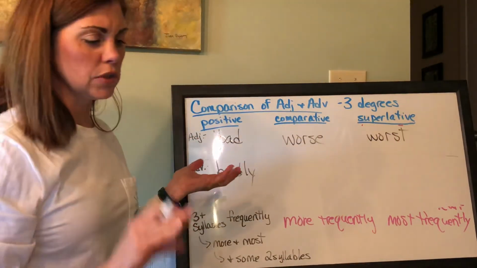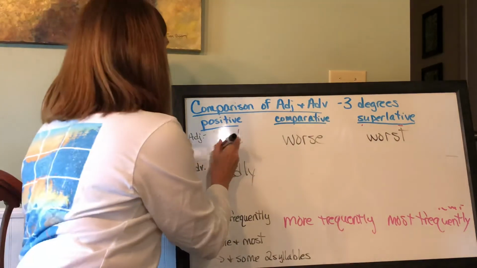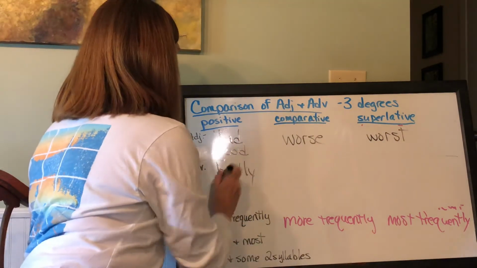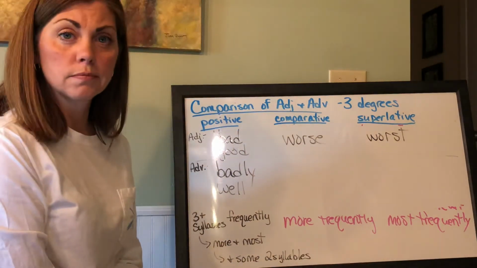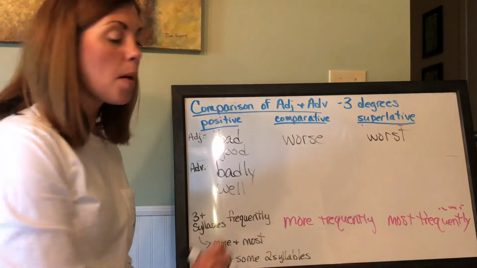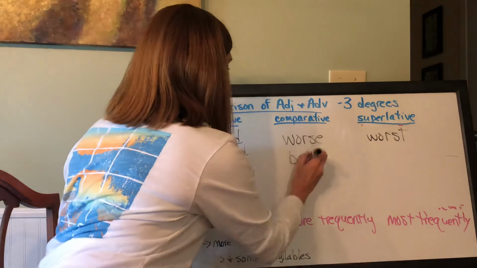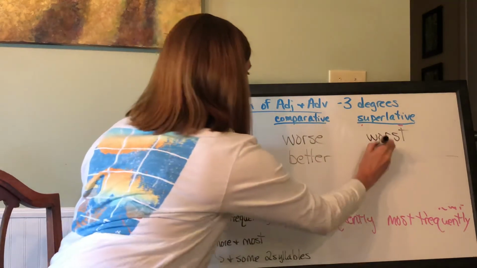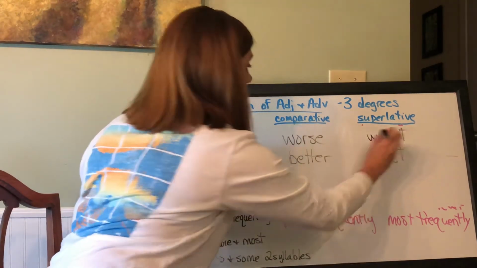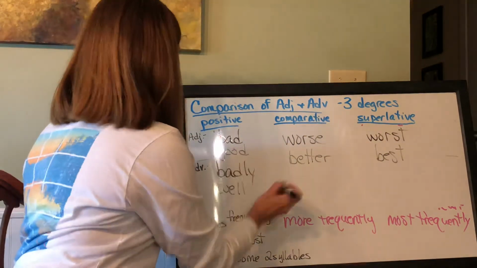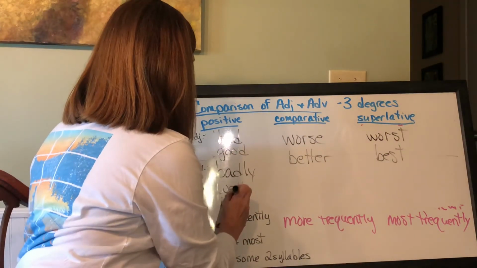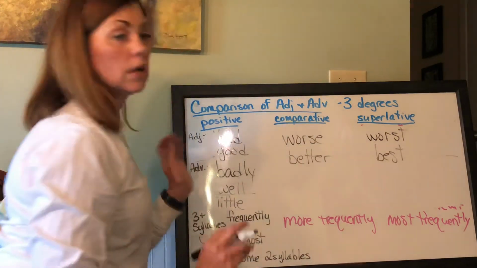Okay, so that one's irregular. It doesn't fit the rules. Another one might be good and well. Okay, so what do you think that would be? Good and well. Better and best for both. Okay, another one would be little. Little.